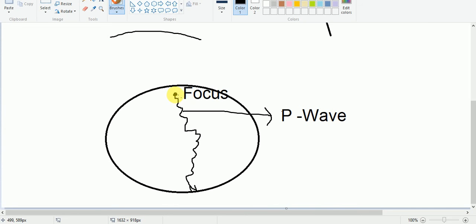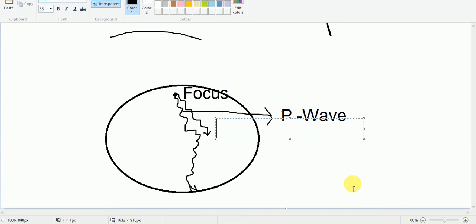And here this is another wave, that is the S wave, and the S wave, after traveling some distance, has stopped here. So this one is the S wave.